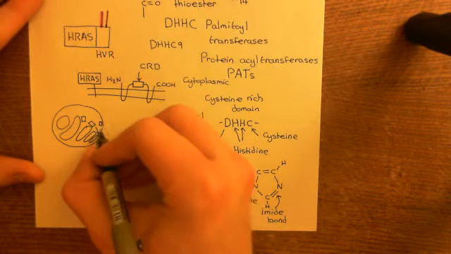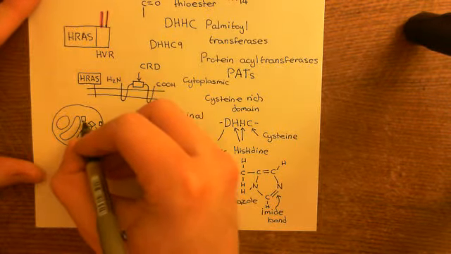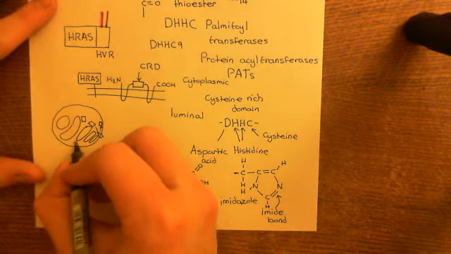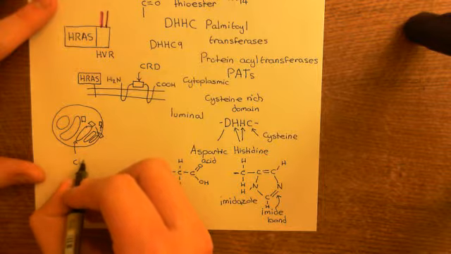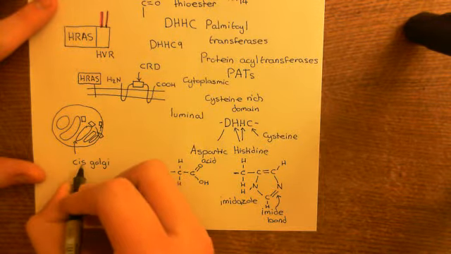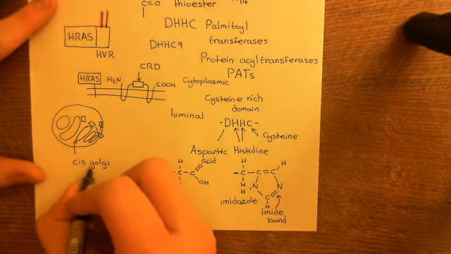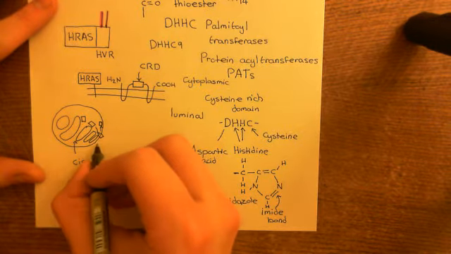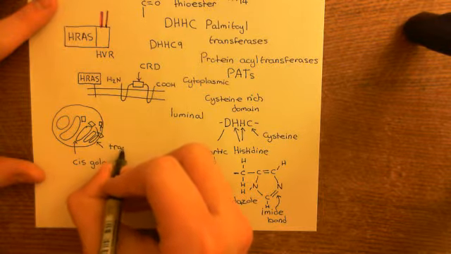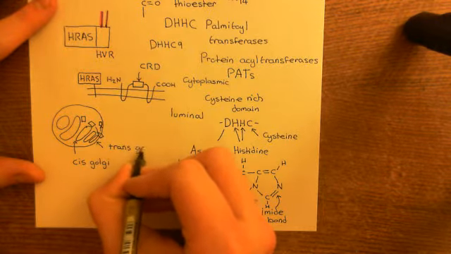So its pathway goes from the ER to what's known as the cis Golgi. The portion of the Golgi that is very close to the ER is known as the cis Golgi, which means on the same side as the ER, and the portion that's furthest away and closest to the plasma membrane is called the trans Golgi.